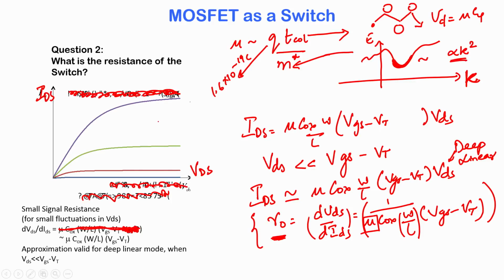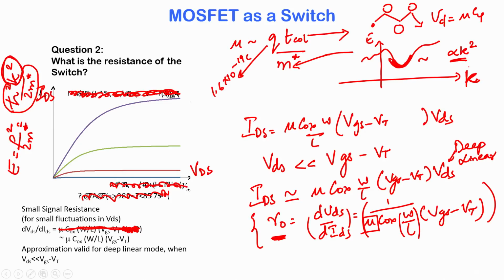Because in a classical sense your energy is p square by 2m, and this p is nothing but the momentum, which is also h bar k. So it is h bar k square by 2m, and this m is nothing but m star, where m star is the effective mass, and therefore this is a coefficient attached to the k square dependence, or a parabolic dependence. So it is an approximation here.